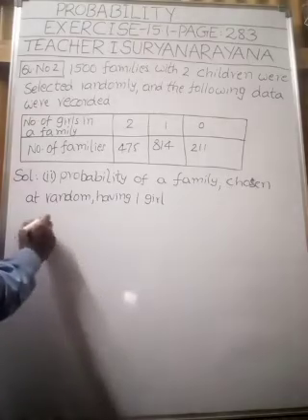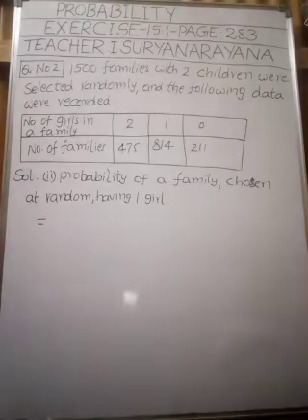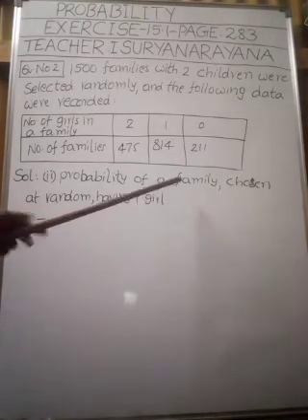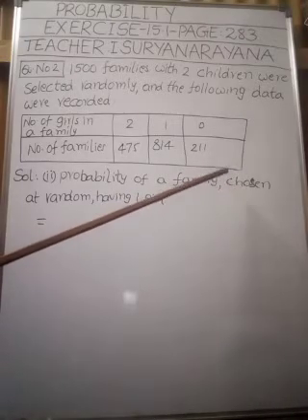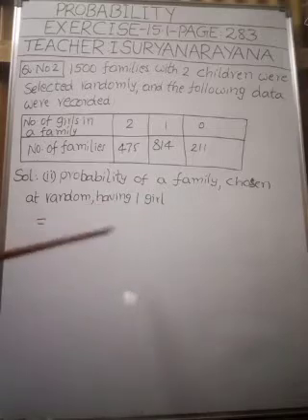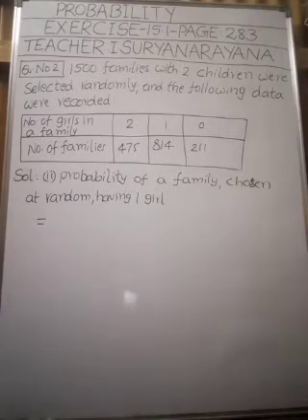Okay, my children. Now we are going to find the probability of a family chosen at random having 1 girl is equal to, how do you find the probability?